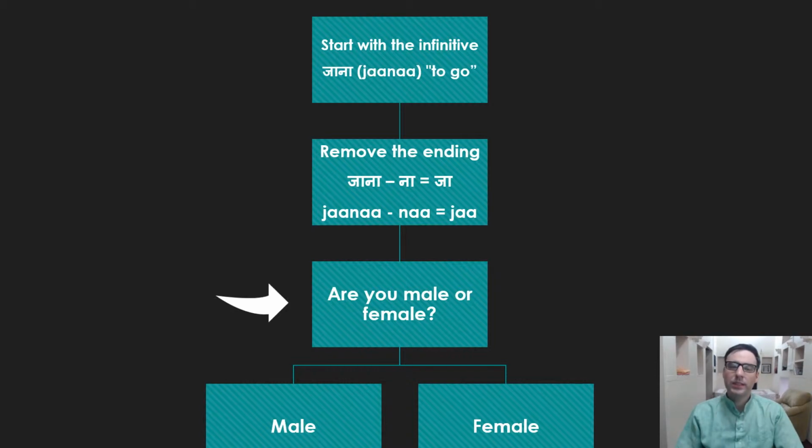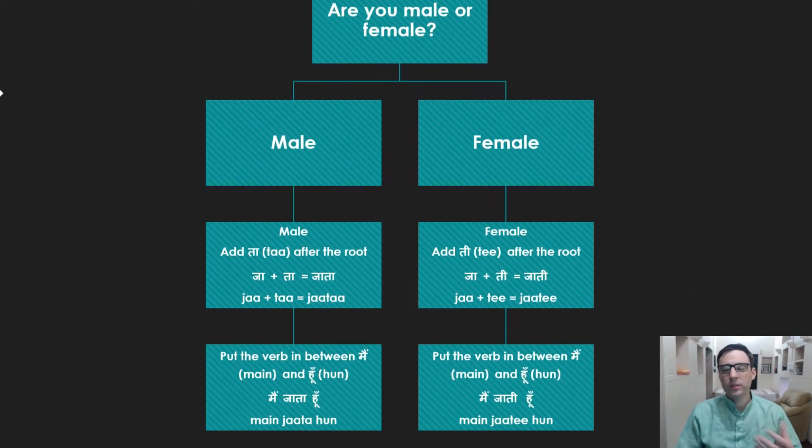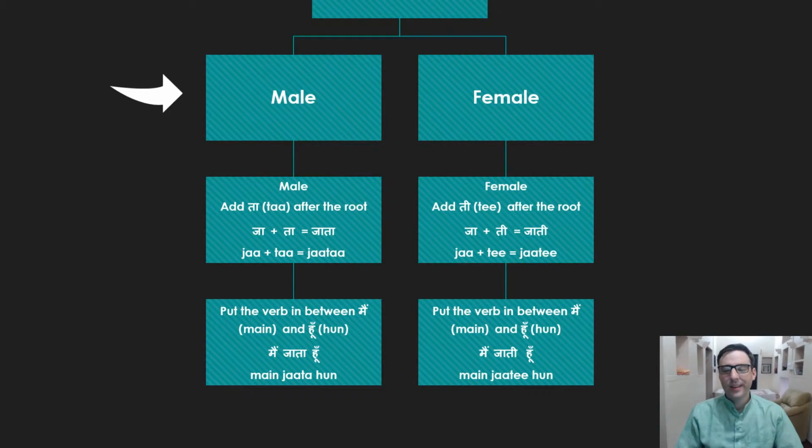And the subject in this case is I. So it matters whether I'm talking about myself as male or female, because the ending of the verb is going to have to agree with the gender of the pronoun. So I'm going to do this as a male, which I am, obviously.